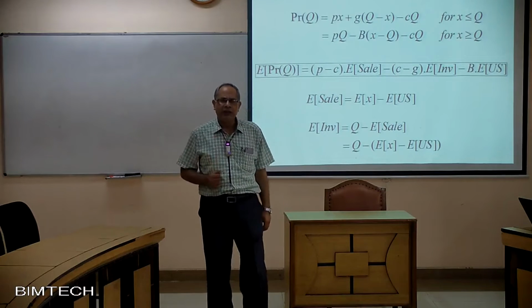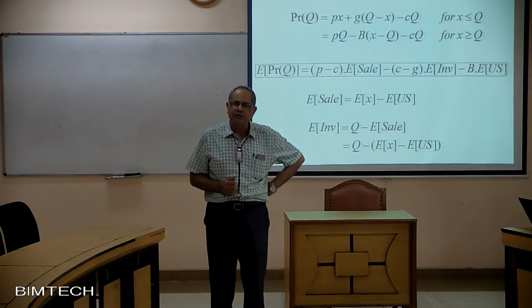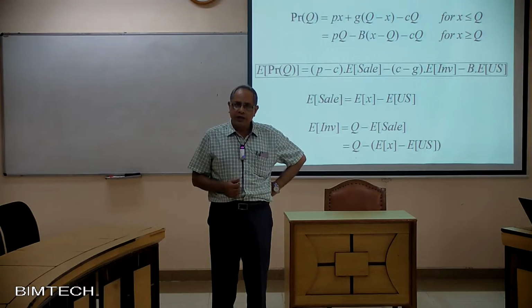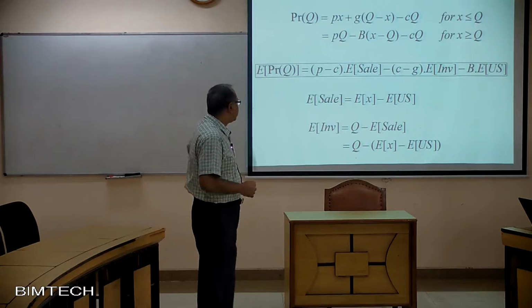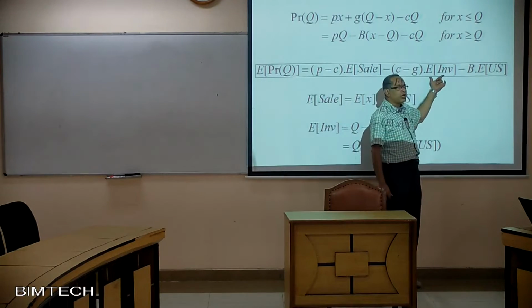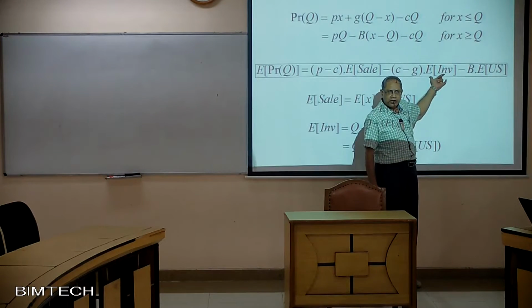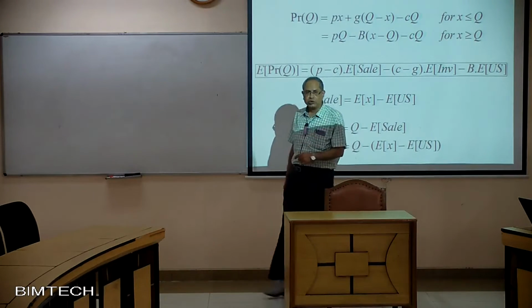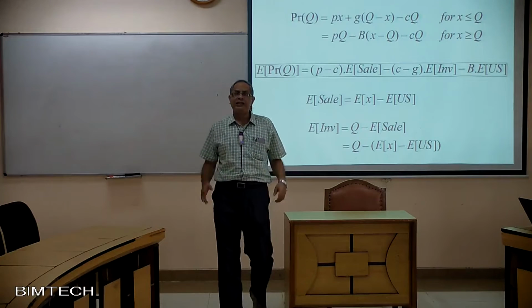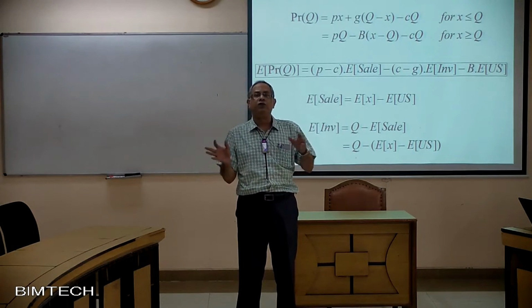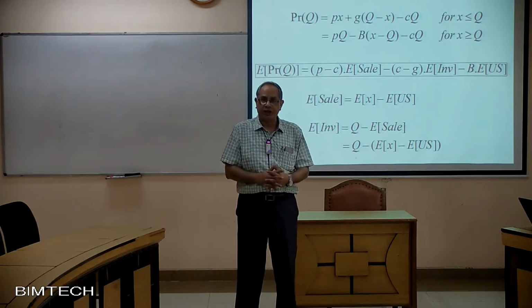Now there's something which might seem a little puzzling at this stage, which is that at the same time we are talking of inventory leftover, and we are also talking about expected units short. Now at the same time, how can we have both inventory leftover and expected units short?